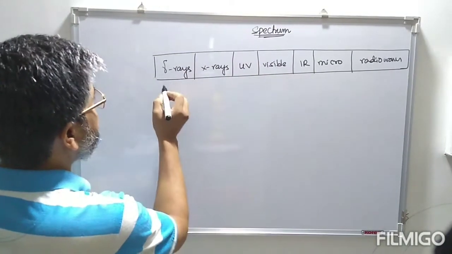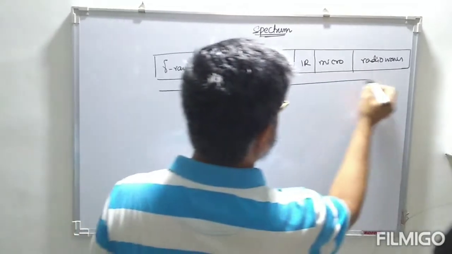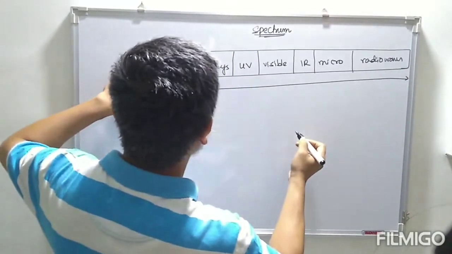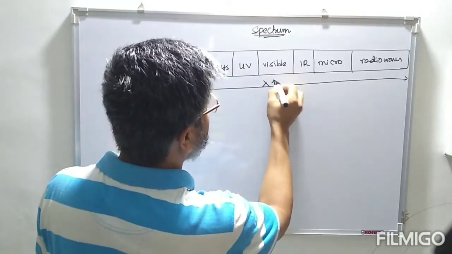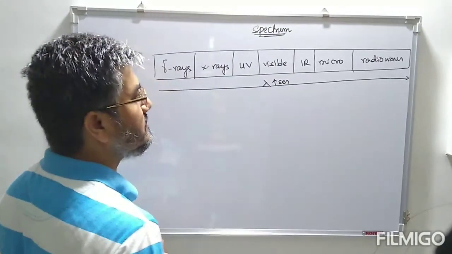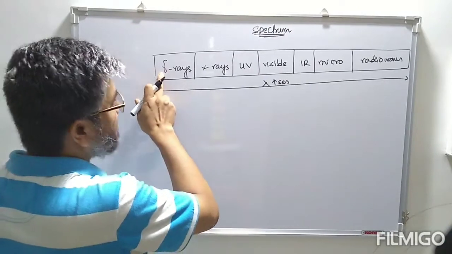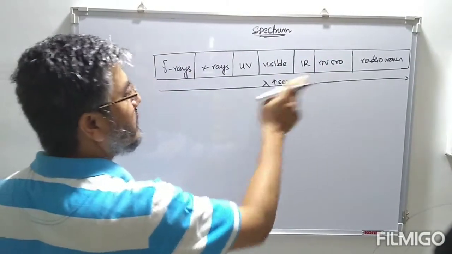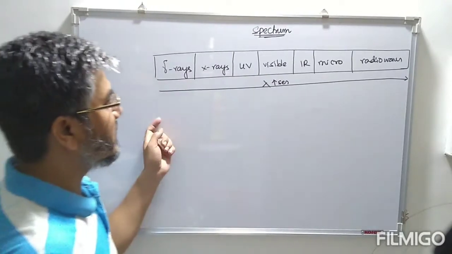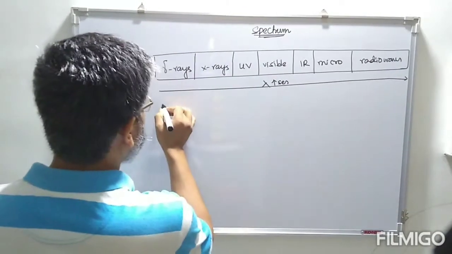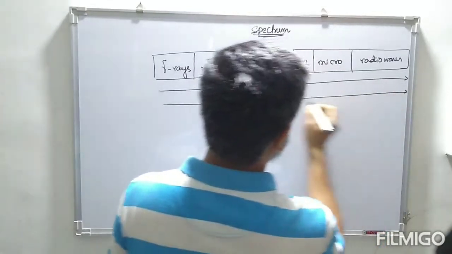So moving from gamma to radio, wavelength increases. Since wavelength and frequency are inversely related, if there is an increase in wavelength, there is a decrease in frequency.